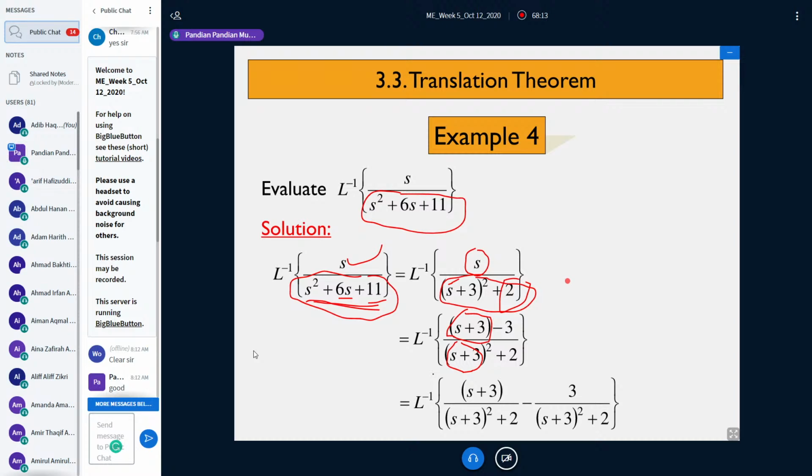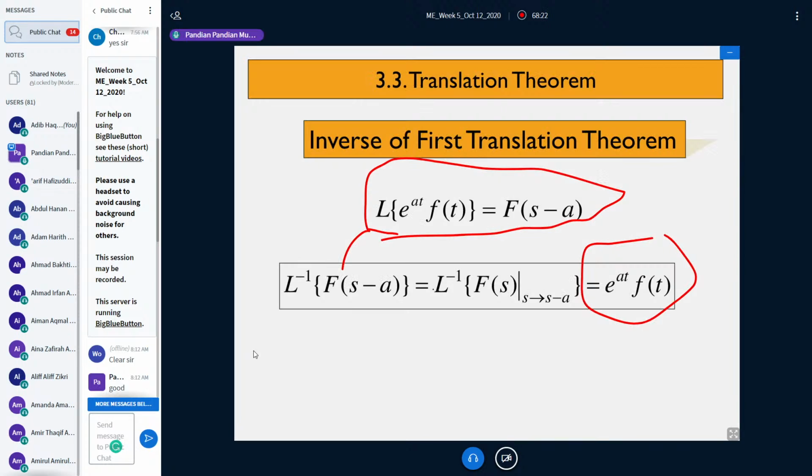So we start with the translation theorem, which leads to cosine. Because this one, e to the at, Laplace of f(t), F(s minus a), this one.